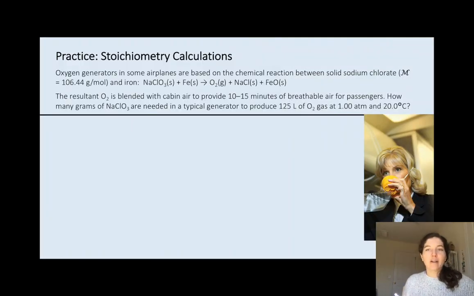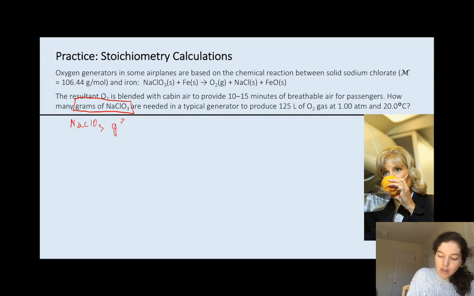So let's take a look here at our original problem that we had looked at. We were trying to find out how many grams of sodium chlorate are needed in a typical generator to produce 125 liters of O2 gas at these temperature and pressure conditions. So in order to find this grams here, remember we needed moles. We're going to go to our mole ratio, moles of NaClO3.